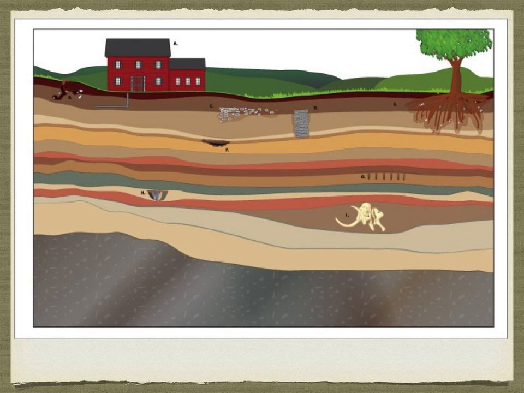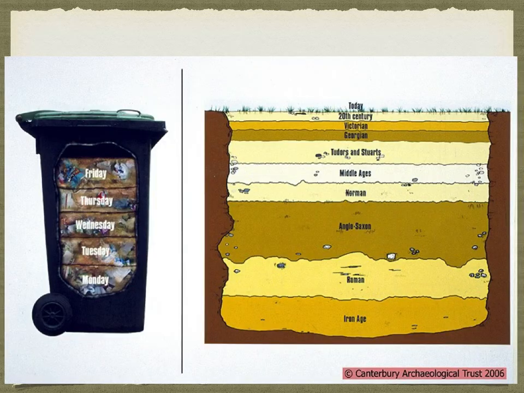So A is the top, and we'll come down as far as I. And each layer we come through is generally from a different time period. So it's the same as when you use a bin. The stuff that's thrown in there on Monday goes on the bottom. The next day, Tuesday stuff is thrown on top of that. Next day, Wednesday stuff is thrown on top of that.